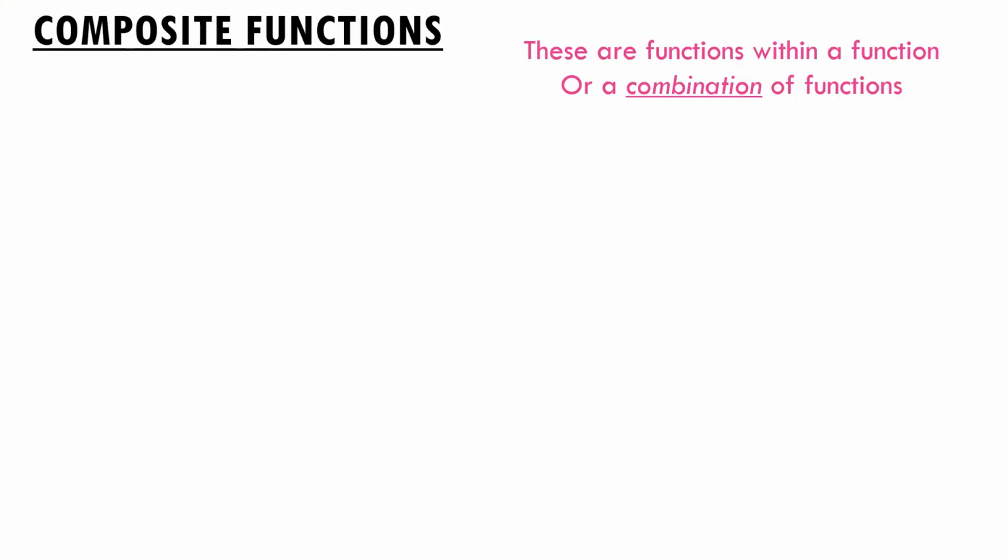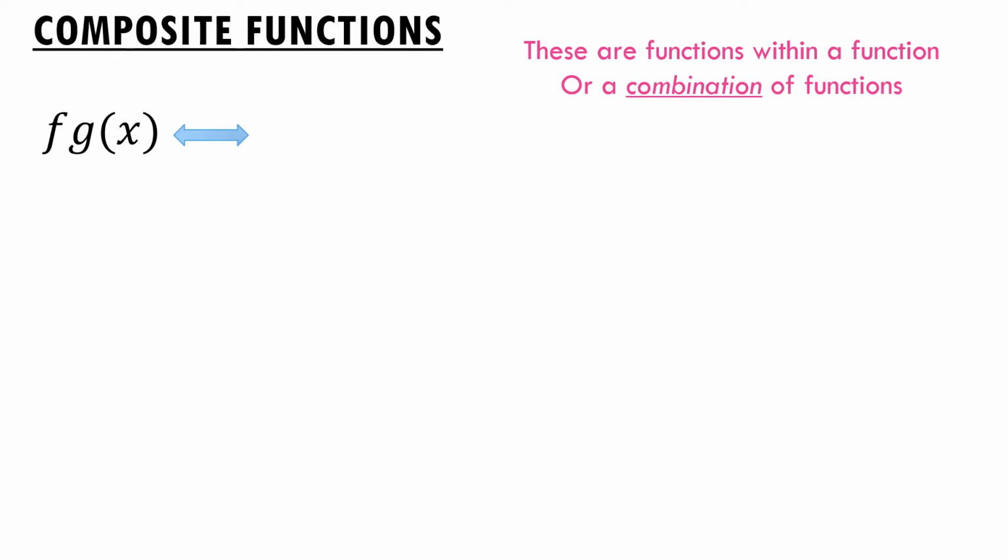So a composite function, what is it? These are functions within another function. It's basically like 2 or 3 functions combined together. So for example, here we've got f(g) of x.